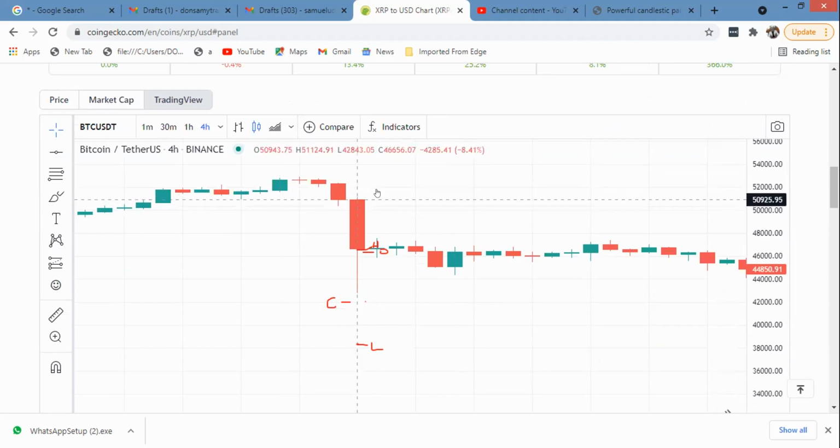Price started at 50,979. Went as high as 51,193. Then dipped to 42,833 and closed at 46,692.